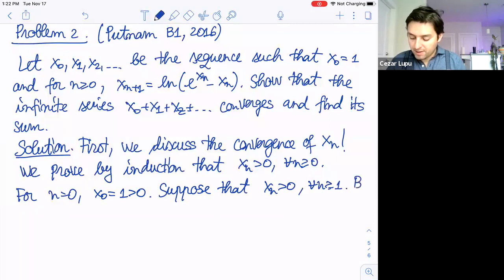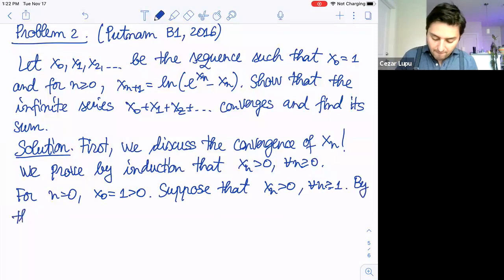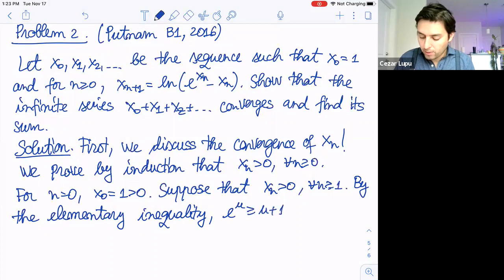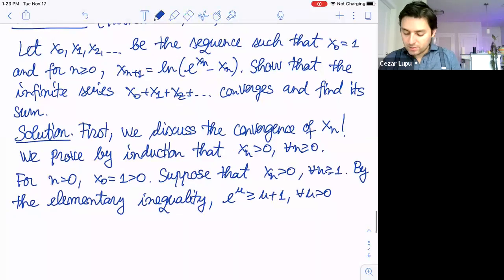Well, by the elementary inequality, e to the u is greater or equal than u plus 1 for all u greater than 0. And I will leave this to you. In fact, I would like to prove this. I will address this later.